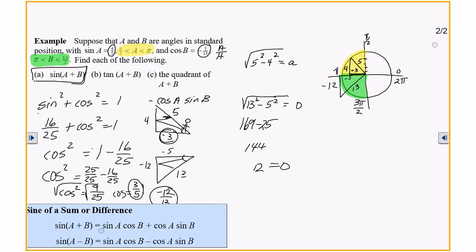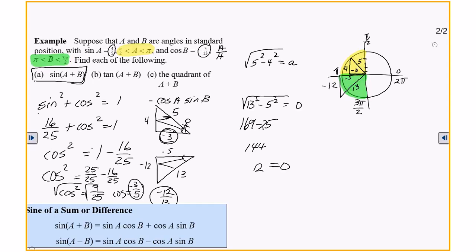You've got to put a negative there, so it'll be negative 3/5. And then the sine of B, we can do that with the same thing. Or you can go over here and say the sine of B would be negative 12 over 13. And plug it all in. And that's what they're doing.